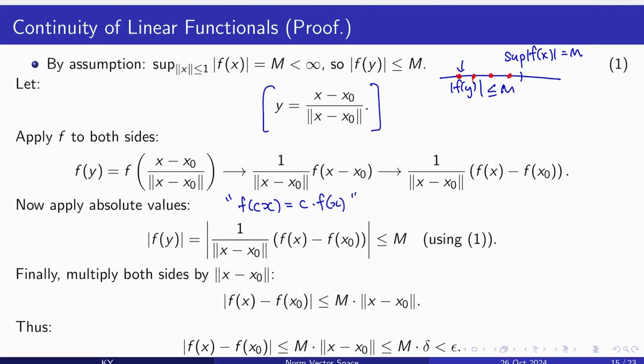And what we're trying to do here is that c is 1 over the norm of x minus x naught, right? Then you apply this equation, so we can take the whole thing out of the function and you get this.